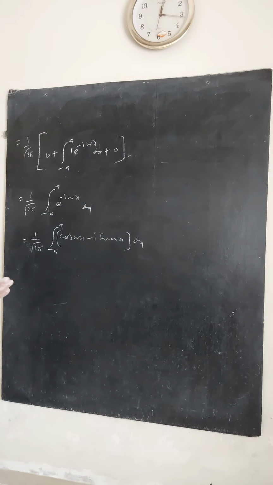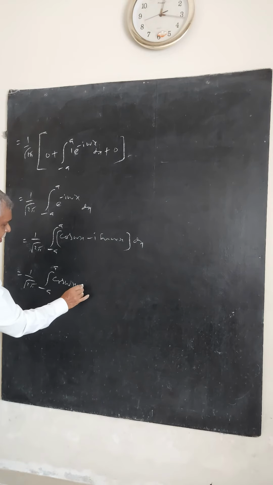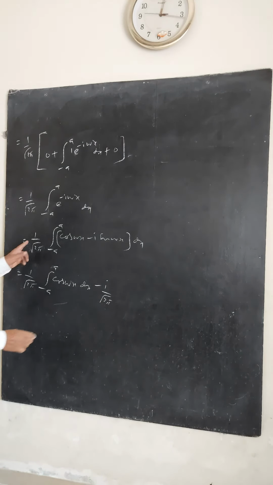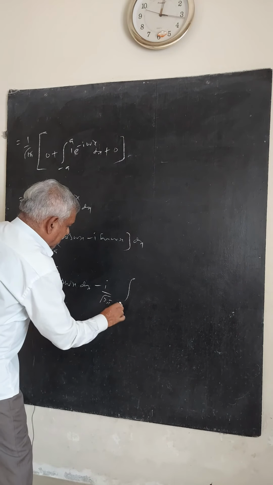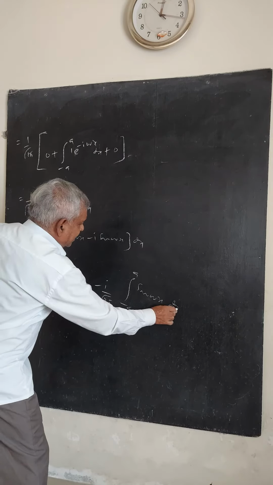We are splitting into 2: 1 by root of 2 pi integral minus a to a cos omega x dx minus i by root of 2 pi, the imaginary part, integral minus a to a sin omega x dx.